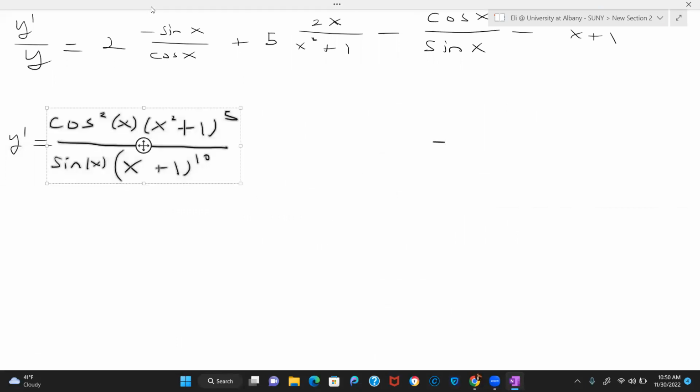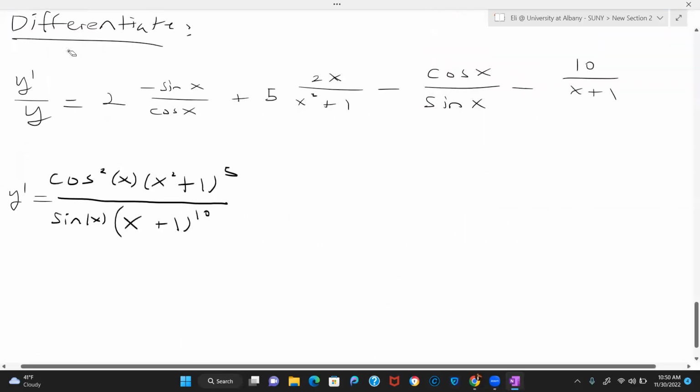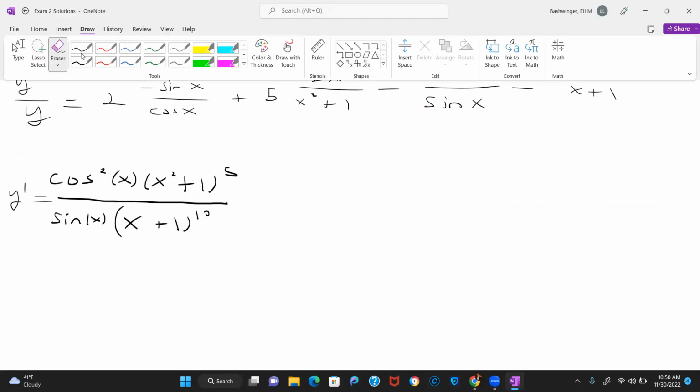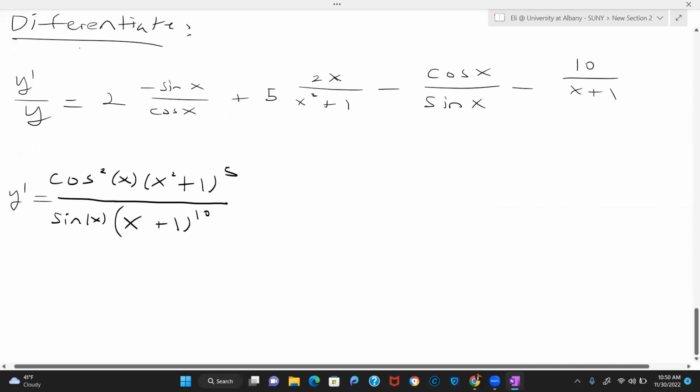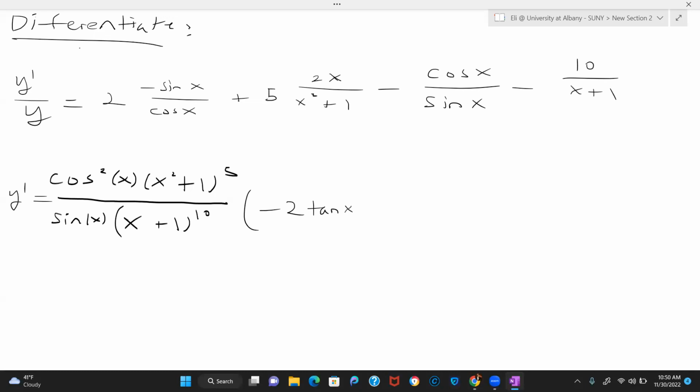All right. So it's just going to be y times the rest of the stuff. So it's going to be negative 2 tangent x plus 10x over x squared plus 1 minus cotangent x. You don't have to do tangent or cotangent. It's not necessary, but if you want.